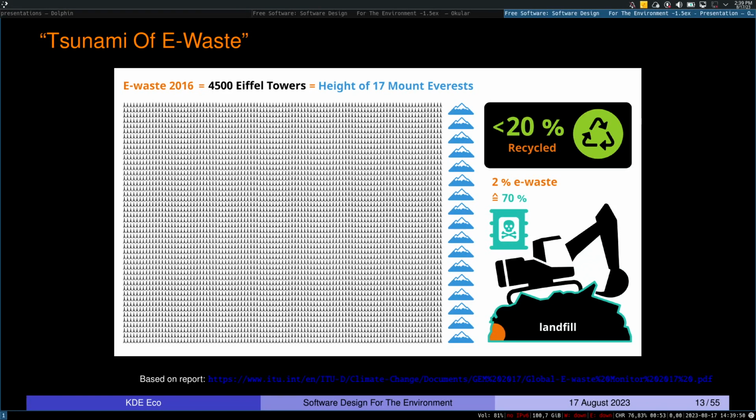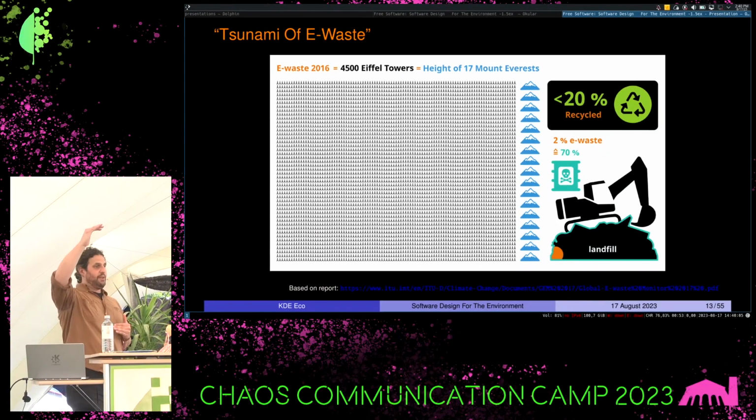In 2015, there was 44.7 million tons of e-waste produced. That's about the equivalent of 4,500 Eiffel Towers. If you were to stack those Eiffel Towers, it would be about 17 times Mount Everest high. Okay, this is in 1 year, and it's growing.